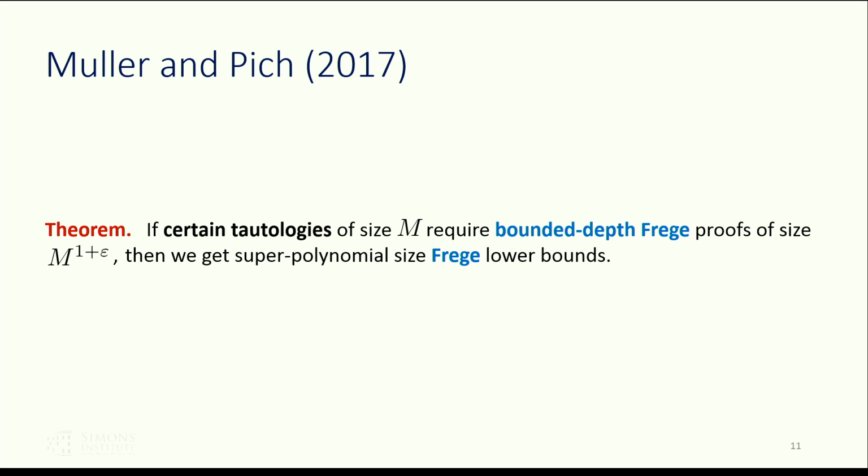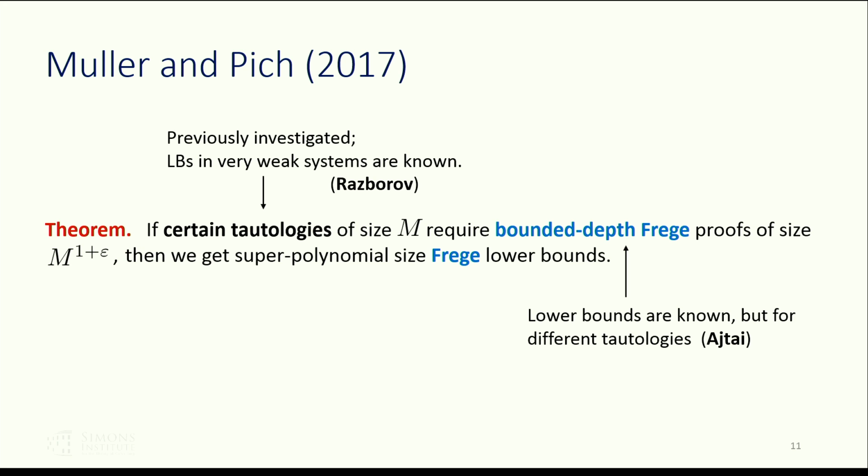The interesting aspects of this result are the following. First, lower bounds for bounded depth Frege are known by work of Ajtai and many other people. And at the same time, the specific tautologies that they employ in this theorem were investigated before this work. They are just the truth table tautologies encoding the hardness of some Boolean functions.